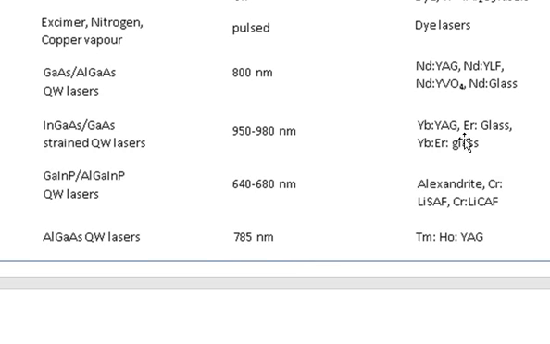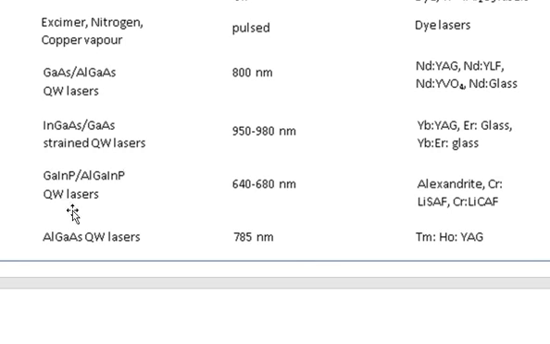They are used to pump ytterbium YAG and erbium glass lasers. So these three main categories of lasers are pumped in this wavelength range of 950 to 980 nanometer by indium gallium arsenide strained quantum well lasers.